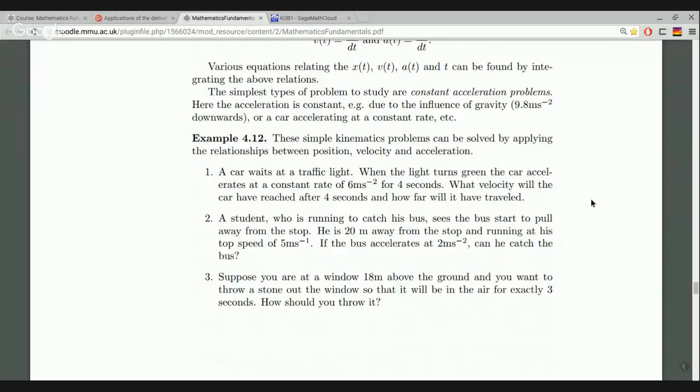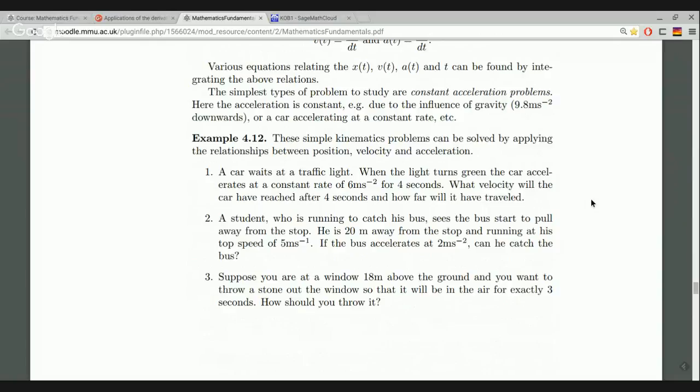So we'll imagine this is the picture at t equals 0. Let's say that the back of the bus, the point the student is running for, is located at position 0. So that means that the student is located at position minus 20.